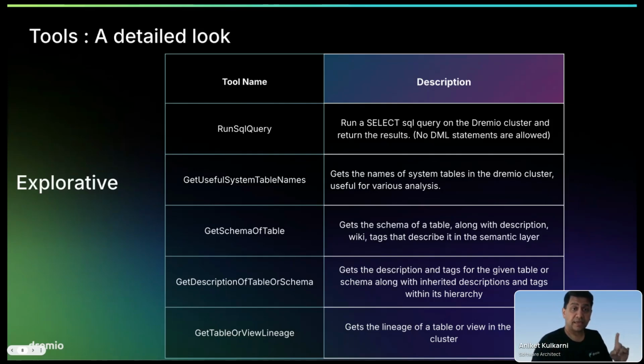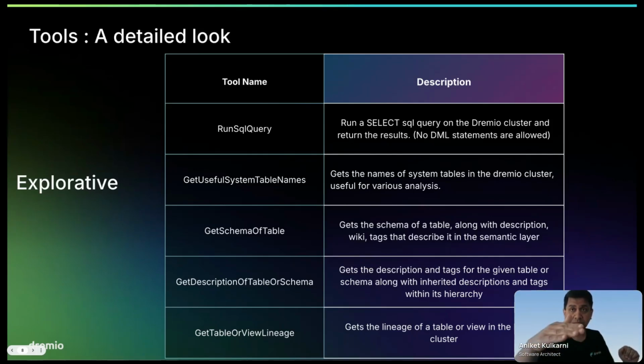Being able to run a read-only query to begin with, of the LLM's choice, is actually a good tool. And as you can see in the demo after that, LLMs are also good at figuring out if the query wasn't right and correcting it. Let's say there was a syntax error, it would be able to go back and correct it itself.